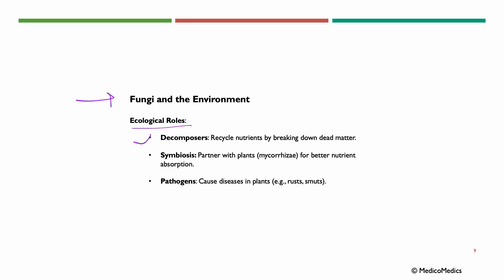Some roles include decomposers, which recycle nutrients by breaking down dead matter. Symbiosis, so they partner with plants for better nutrient absorption. And of course, pathogens, so they cause diseases in plants.